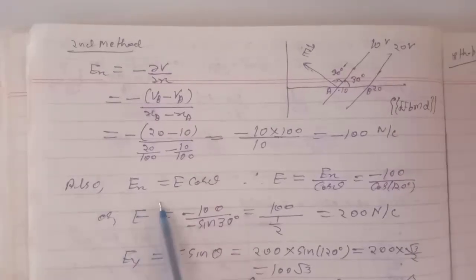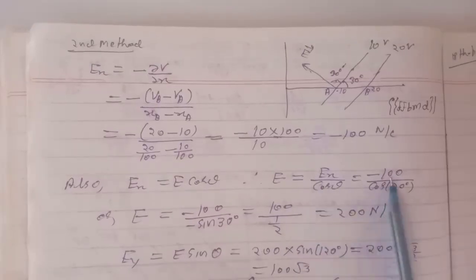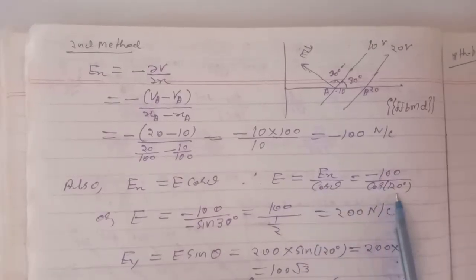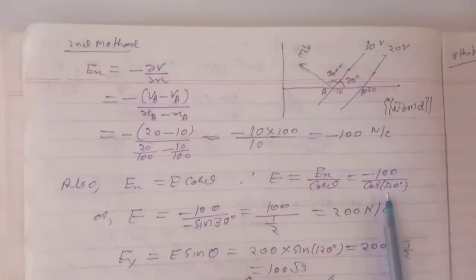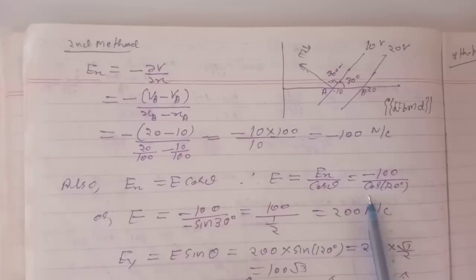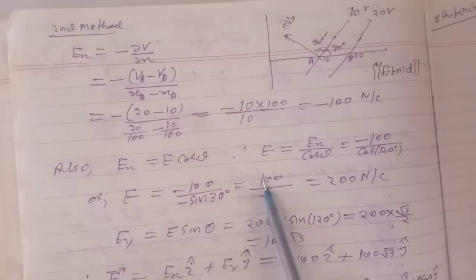Now also Ex equal to E cos theta. So E equal to Ex by cos theta, minus 100 by cos 120, or E equal to minus 100 by minus of sin 30 equals to 100 by 1 by 2 equal to 200 Newton per Coulomb.